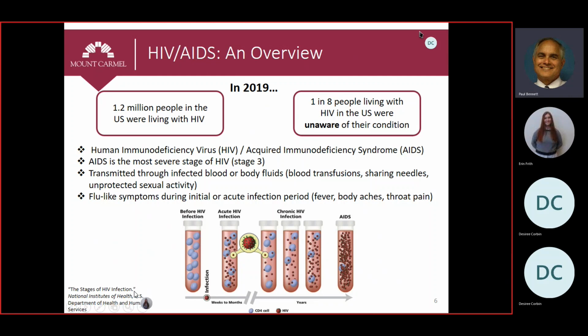It is known that 1 in 8 patients with HIV are unaware of their status. Many patients suffer from this condition for years before they receive a diagnosis. HIV/AIDS can be broken down into 3 stages shown below: acute HIV infection, chronic HIV infection, acquired immunodeficiency syndrome, AIDS.